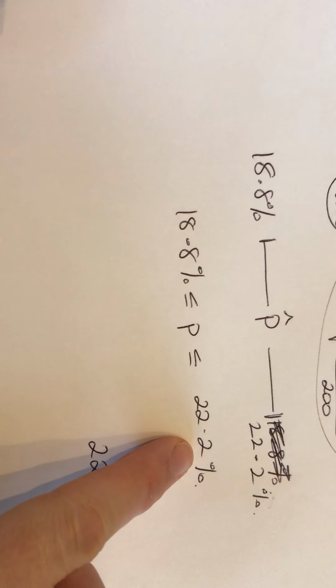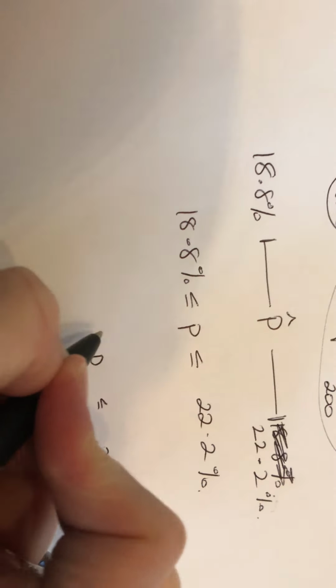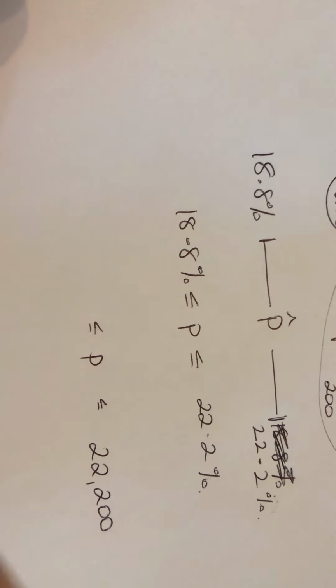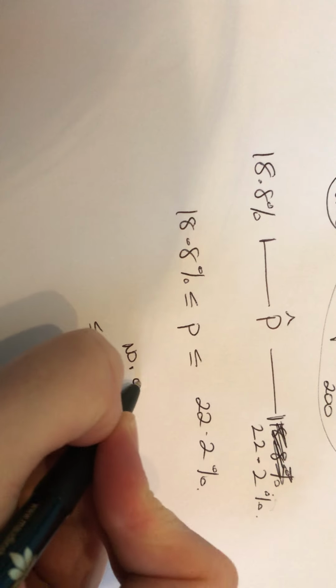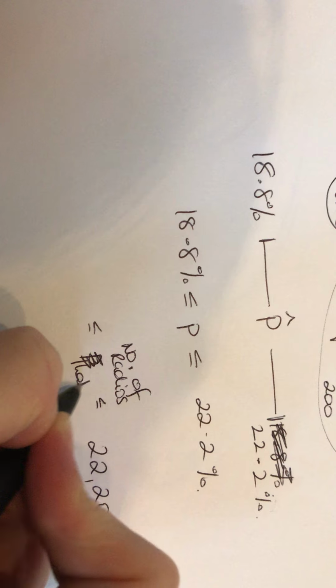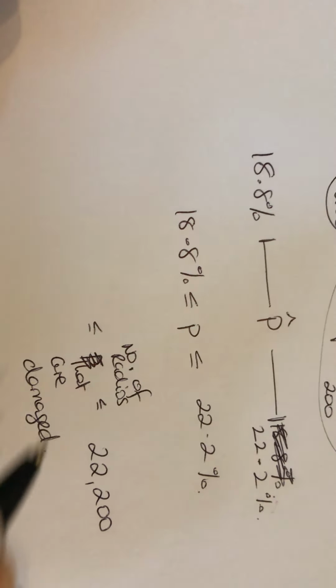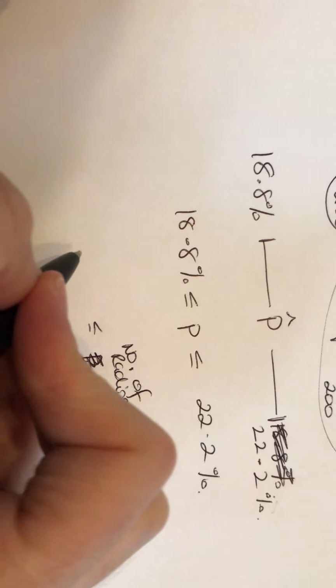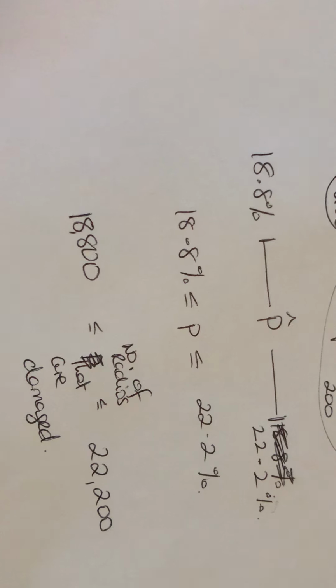So it's approximately 22%. Now I'm going to change this. This is the number of radios that are damaged, and the lowest number that are damaged from my information is about that.